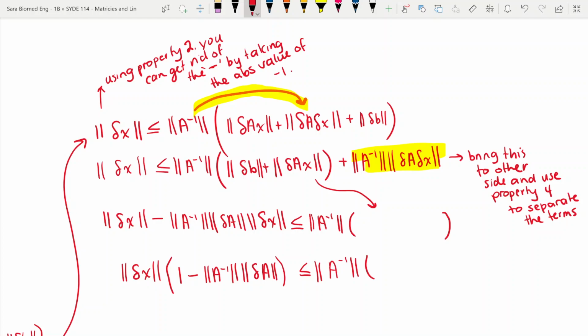Inside is going to be the same, so it's delta B plus norm delta A times x. Okay, so basically we extract delta x.